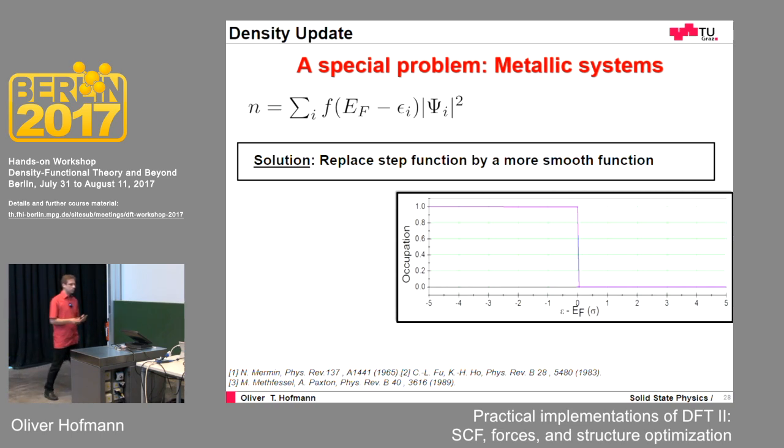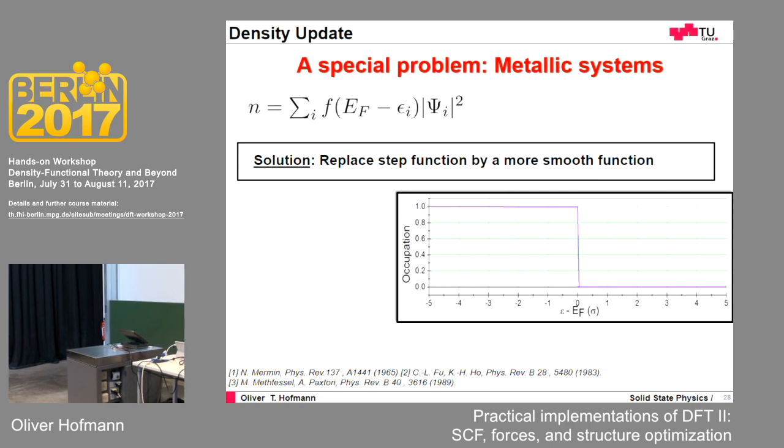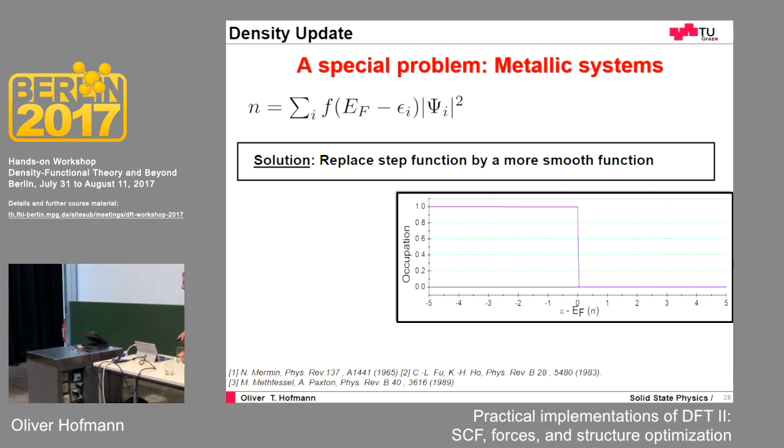For metallic systems, one of the problems that you have is that you have a lot of states that are very close in energy. You have many states that are very close in energy. And every time you solve the self-consistent field, you might start to occupy slightly different orbitals or slightly different states at different k points.